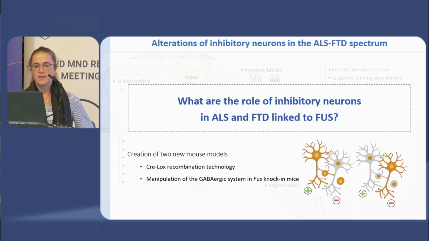Doing that, we were capable of either inducing the mutation of FUS in all the cell types except the inhibitory neurons, or inducing the FUS mislocalization solely in inhibitory neurons. And today I'm going to speak only about these results.